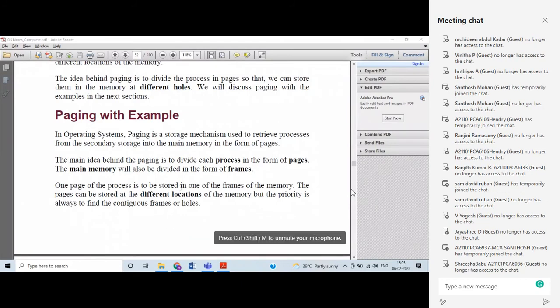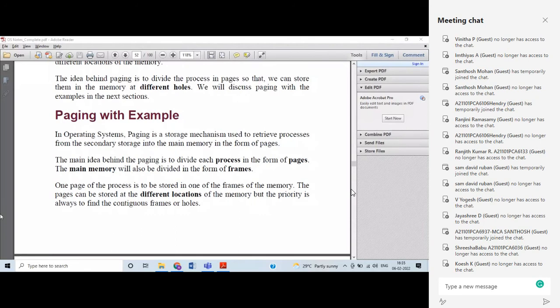One page of the process is stored in one of the frames of the memory. The pages can be stored at different locations of the memory, but the priority is always to find contiguous frames of holes.